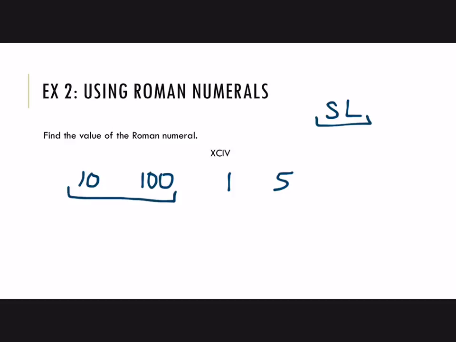We've got a 10 before a 100 and a 1 before a 5. So you would go through, mark off those pairs first, and do any subtractions. So this 10 and 100 together, that's a 90, and the 1 and a 5 is a 4. And then you would go back and do all of the addition at the end. So this would be 94.